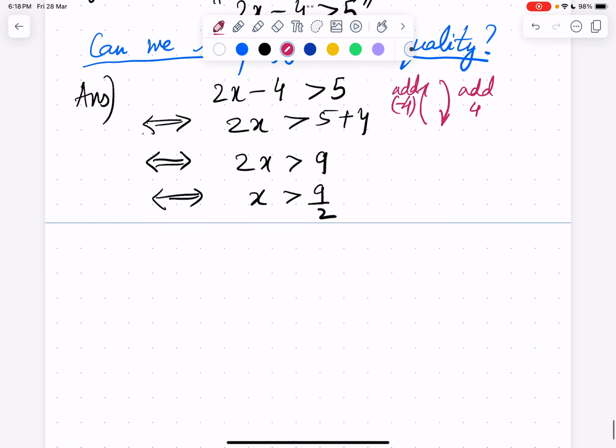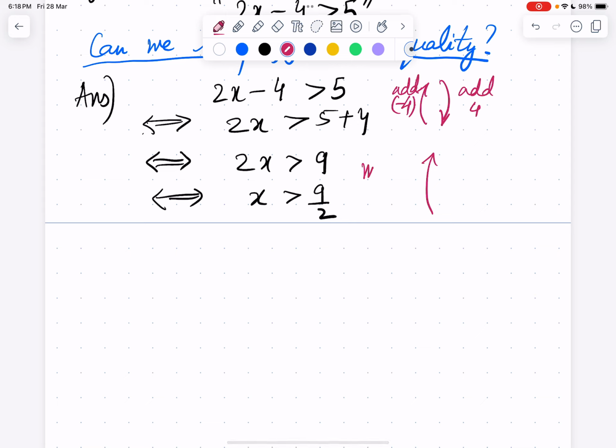Why? Because from here to here, from bottom to top, multiply by 2. I'll just write the full thing, no problem.